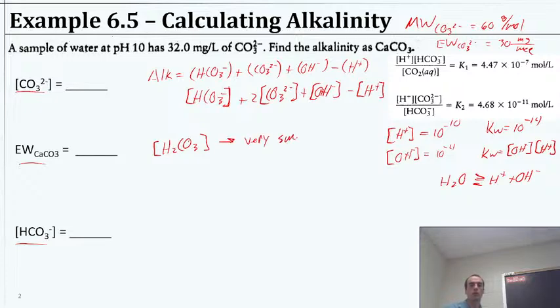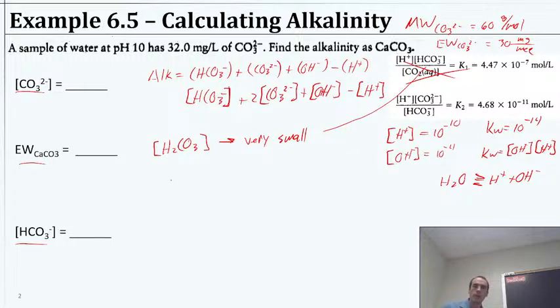So we're going to assume it's negligible and not worry about that whole part of it. We'd have to have our pH a lot lower for that to become important.